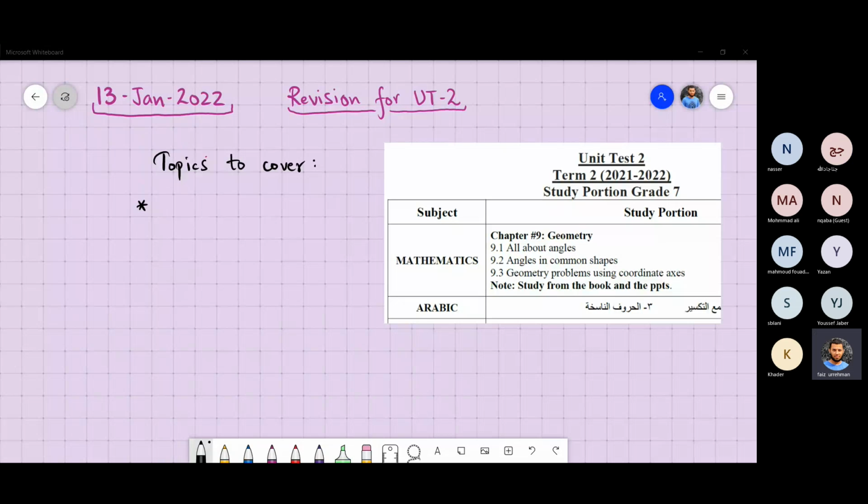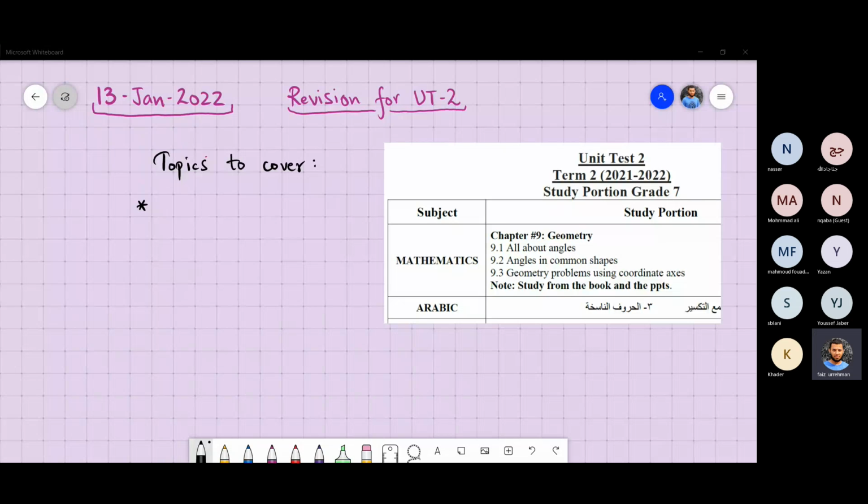Okay, I'm browsing in the book. One minute. I will bring the chapters. Geometry, all about angles. Then parallel lines. Okay.